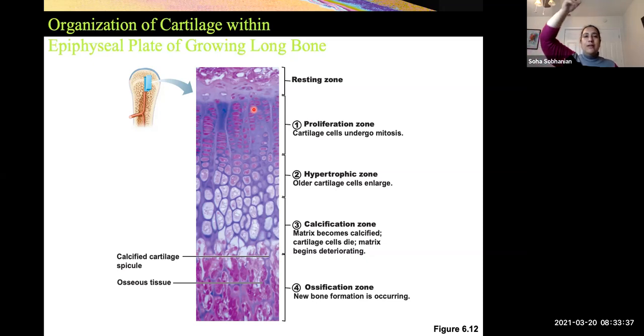So I'm adding cartilage from the top, right? And I'm converting the old cartilage from the bottom to bony tissue.